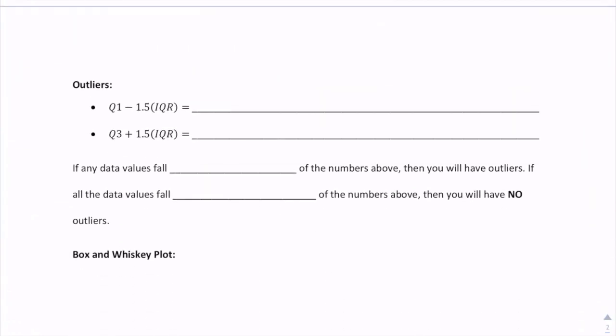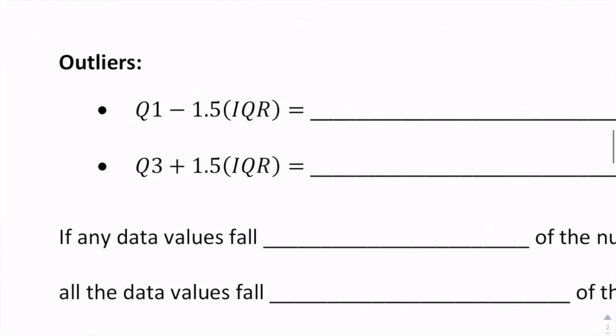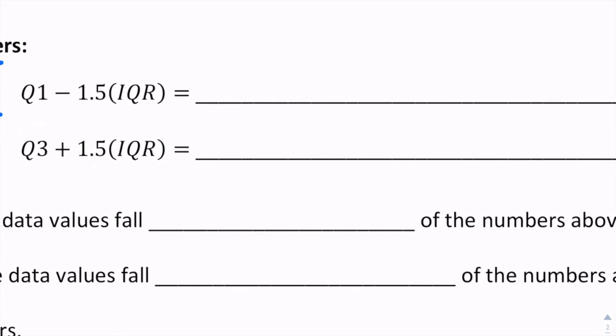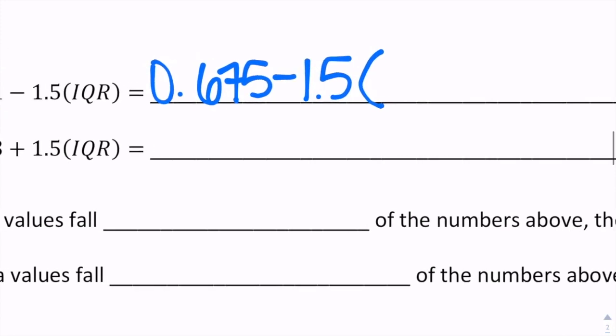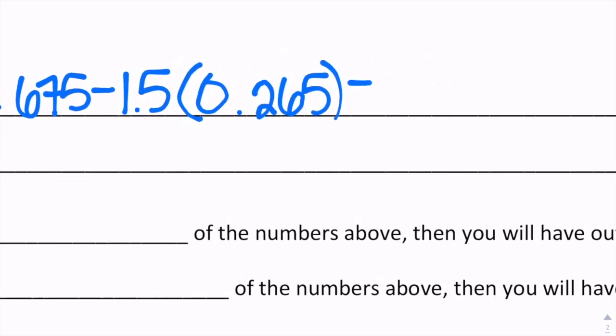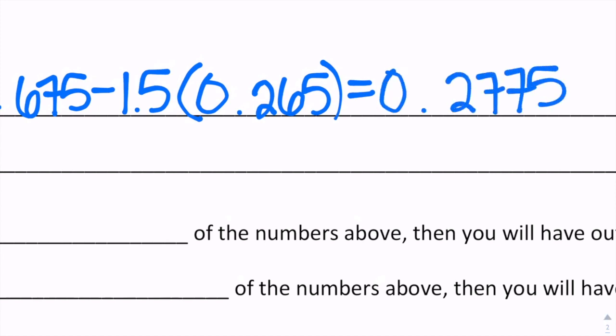Next we have outliers, and so to find the outliers, to find your lower outliers, which is right here, you're going to use that formula, and to find your upper outliers, you're going to use the bottom formula. So we're going to do quartile 1, so 0.675 minus 1.5 times our interquartile range, so 0.265, and you'll type that into your calculator, and when you do, you're going to get 0.2775.